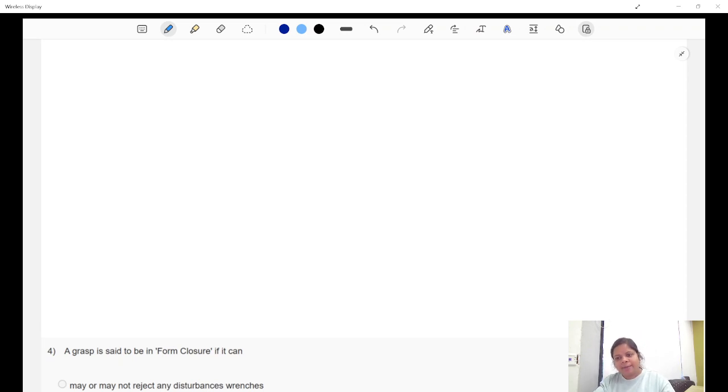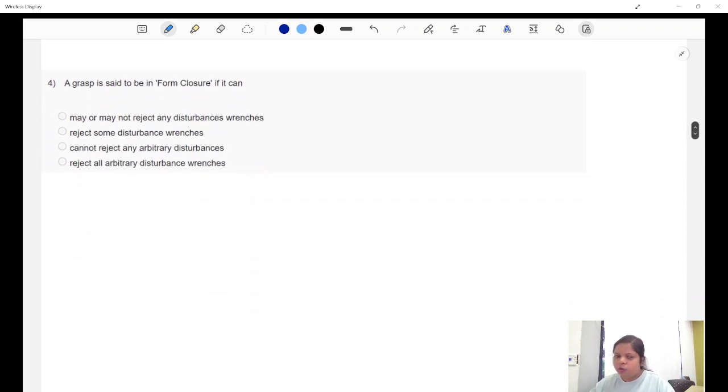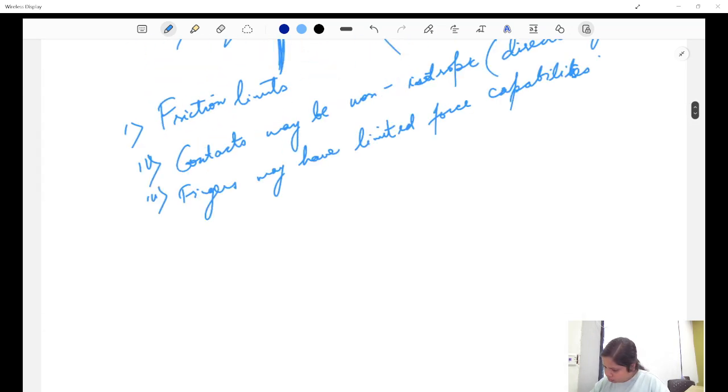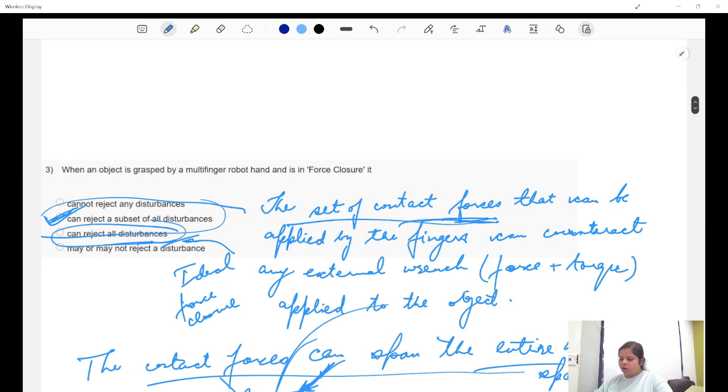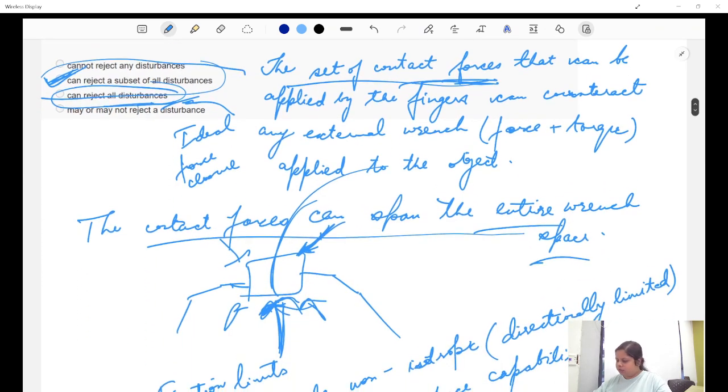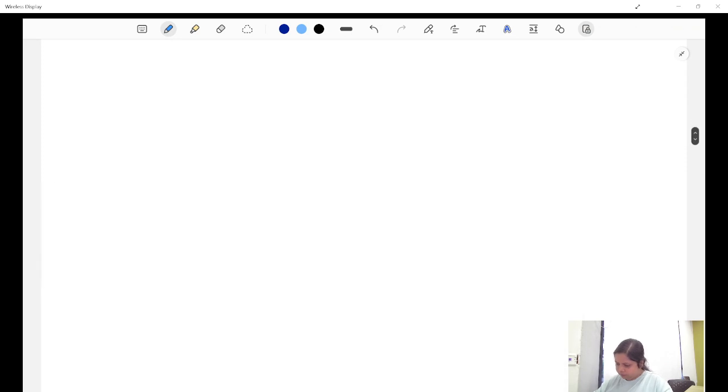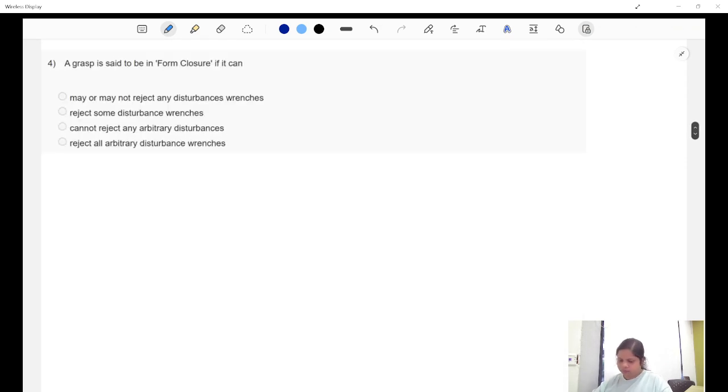Form closure will be able to do that also. So the next question that we have here is for form closure, and it would be able to do for twist and wrench both. But force closure cannot do for twist. So your correct answer is a subset of, or what was the question? Yeah, can reject a subset of all external wrenches. Okay, ma'am. Yeah.